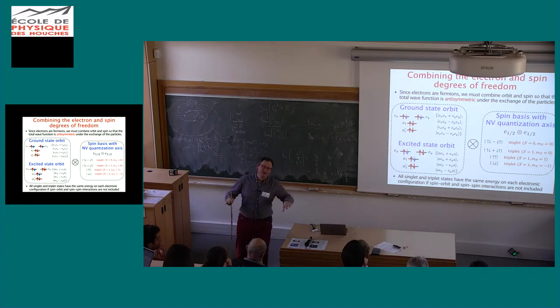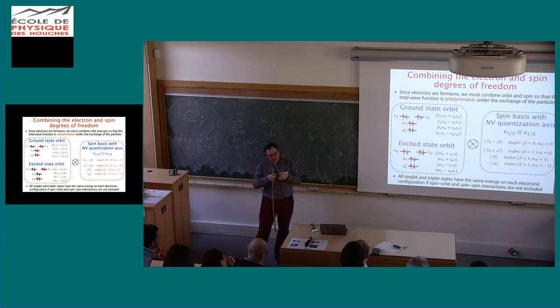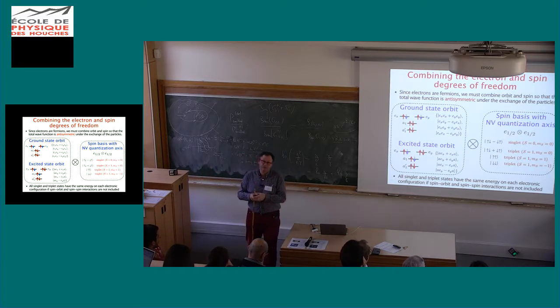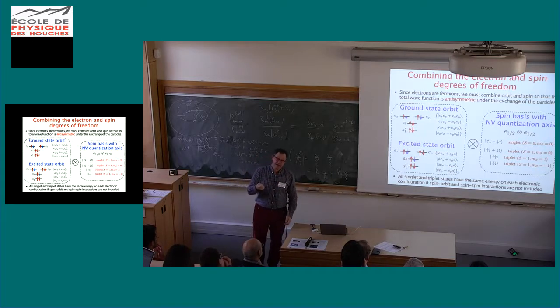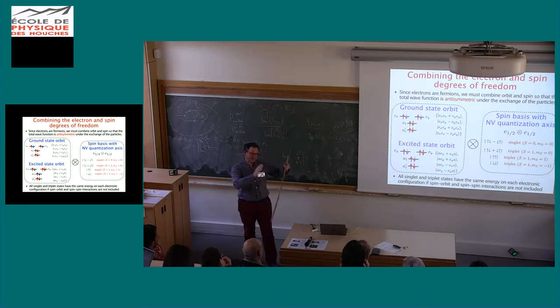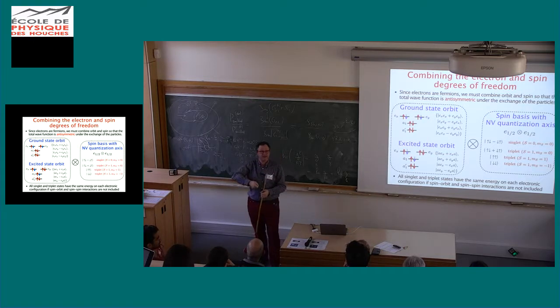And this is the trick for which we were able to consider the spin as an intrinsic degree of freedom, which is somehow completely decoupled from the behavior of the orbital electron, which at the same time creates the optical transition. So you have to think of the NV as having, on one side, the electron that has this probability to both absorb and emit photons, and at the same time this electron keeps its spin as an intrinsic degree of freedom.